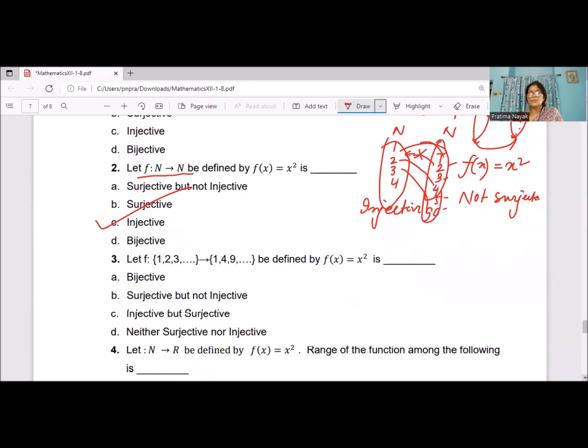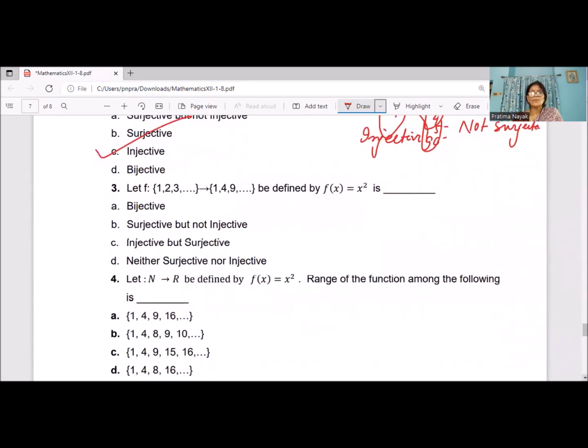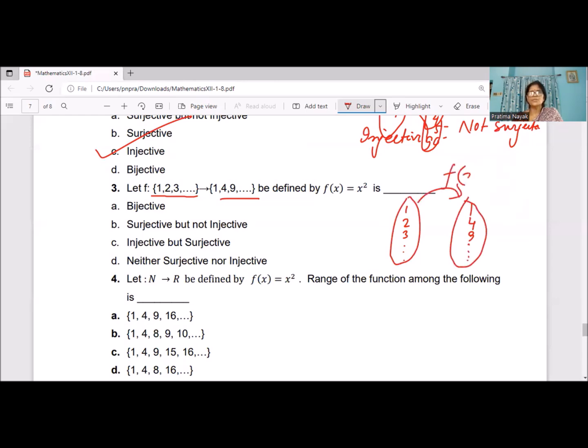Now coming to question number 3. Here the elements are only 1, 2, 3 in one set, and 1, 4, 9 in the other. The same function is defined, f(x) equal to x square. The question is, is this function bijective, surjective not injective, injective but not surjective, or neither surjective nor injective?